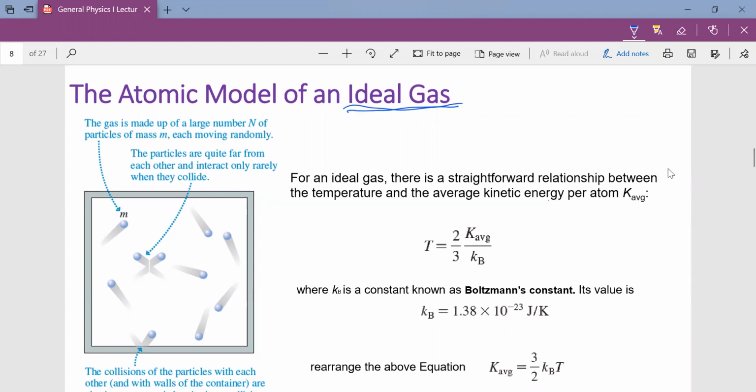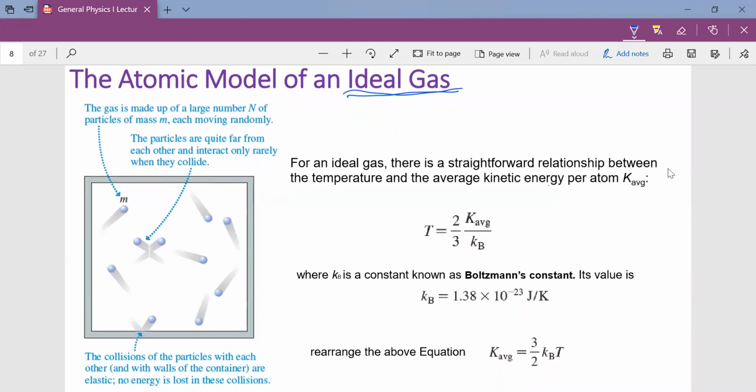Now, when we say ideal gas, we're referring to a standard gas system that we want to use to describe any substance existing in its gaseous state.